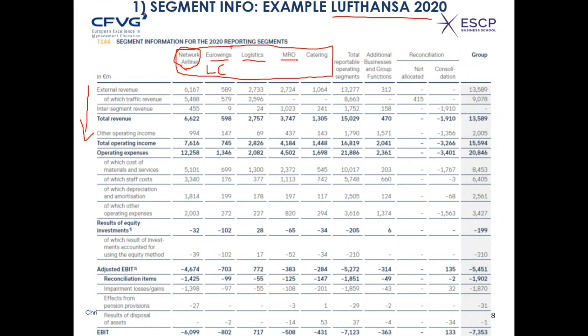MRO is maintenance, a different segment. Catering, a different segment. So it's rather important to know all this. Obviously, we see that in the total revenue of the Lufthansa Group, legacy network airlines are almost 50%. That's by far the most important, and this is COVID related. In normal years, it's actually even higher than that, which makes sense.